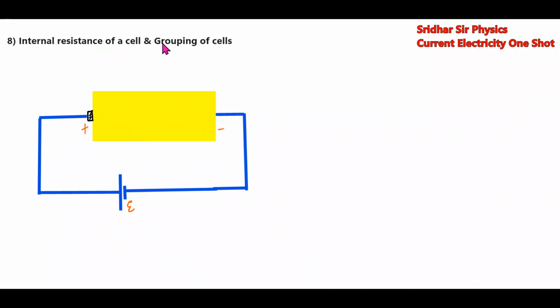Next we are going to discuss the internal resistance of a cell and the grouping of cells concept. So the charge here we assume will flow like this.